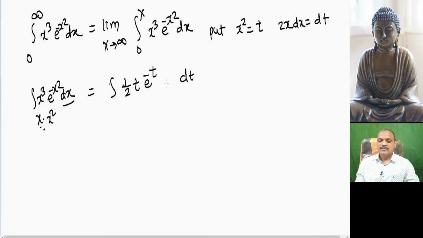Then 1 by 2 into integration, we apply the product rule. First function t, e raised to minus t divided by minus 1, minus e raised to minus t divided by minus 1 into integration, the derivative of t is 1, into dt.